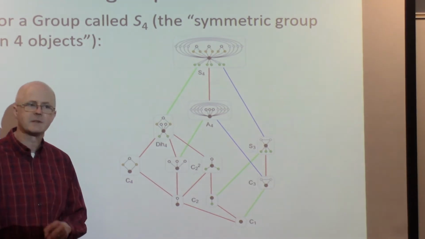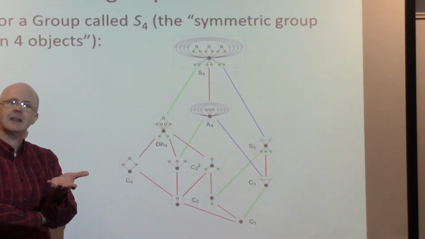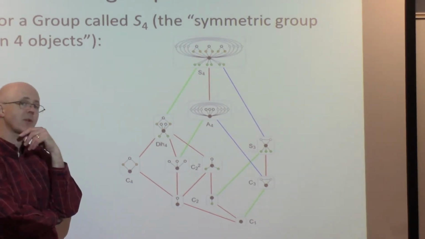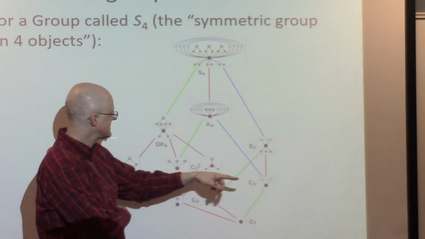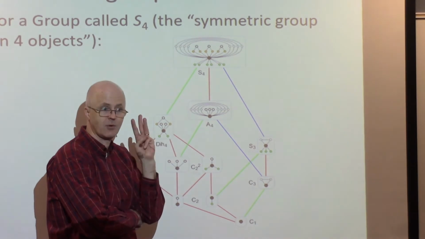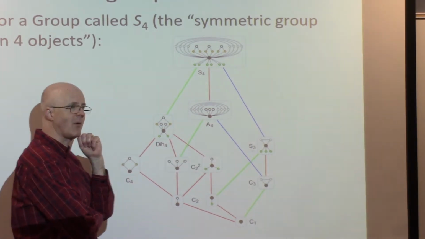Groups of order 2 have to be cyclic. Interesting, there's a theorem: any group of order 2 has to be cyclic. Any group of order 3 actually also has to be cyclic. I guess that's a group of order 3. The identity and evidently 2 elements of order 3. They can't both square to give you the identity. I'll let you think about why that can't be the case.